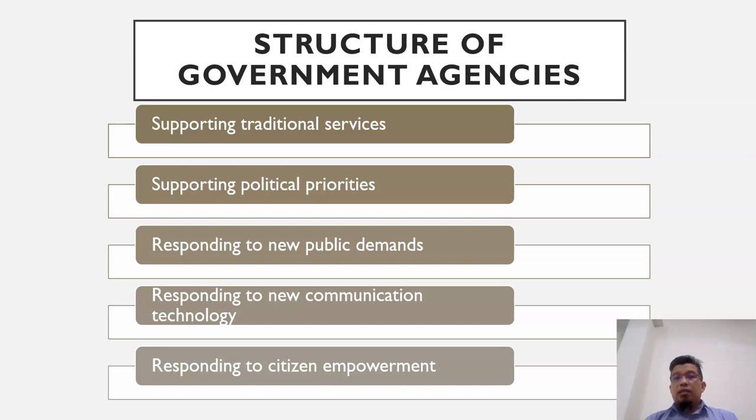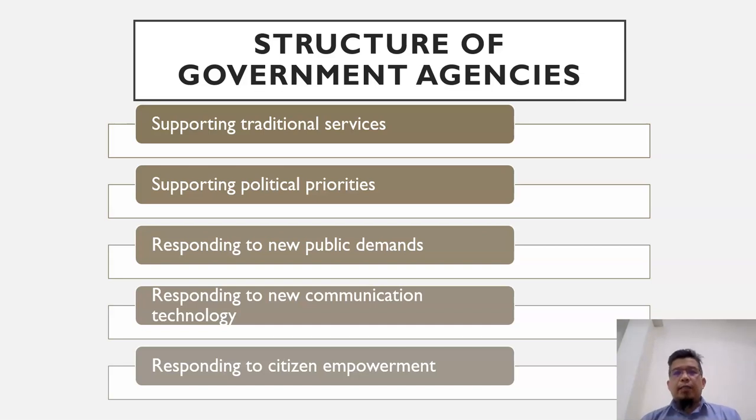Responding to new public demands. There are changes in public demands, either due to changes in technology. Just recently, if you talk about the digital economy, you can see how seriously government is involved in providing the infrastructure for the digital economy, including the speed of internet and others.